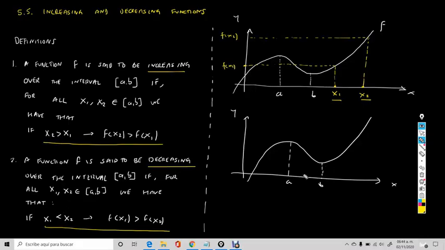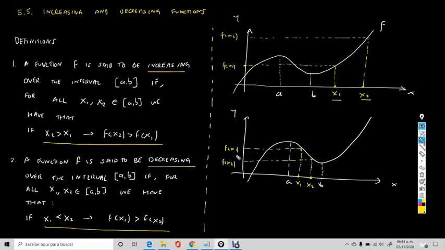For example, if I choose two numbers here and I label them x1 and x2 or whatever I want, and then I locate the values of the function, this is f of x1, this is x2, therefore this is f of x2.